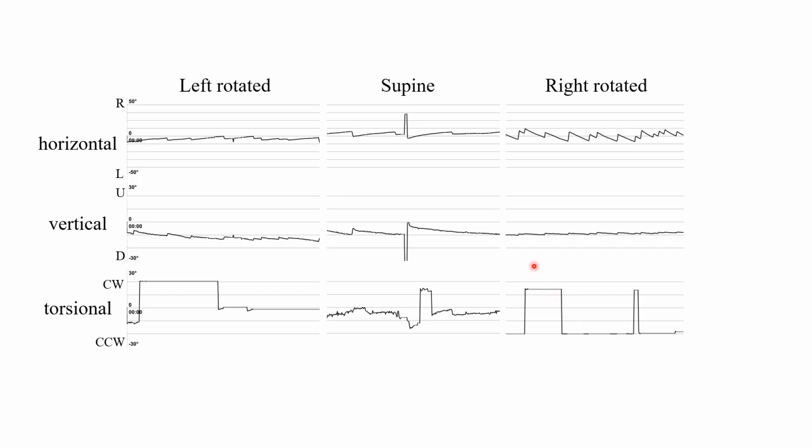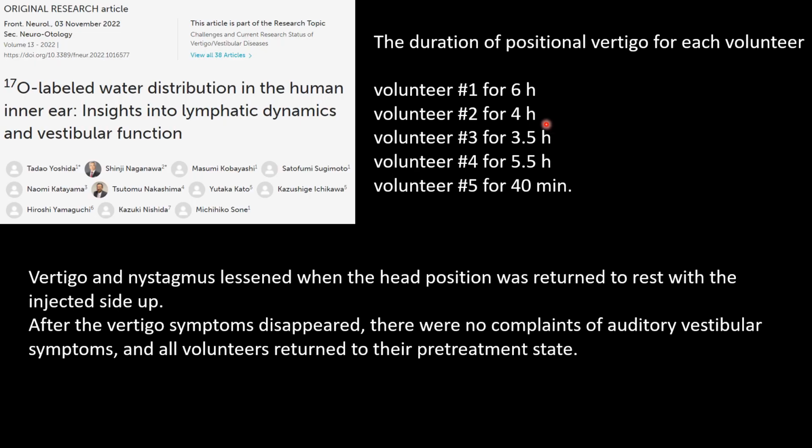And interestingly, in all subjects, we observed the positional nystagmus, and they complained of vertigo. The duration of positional vertigo for each volunteer is like this, from 60 minutes to 6 hours.